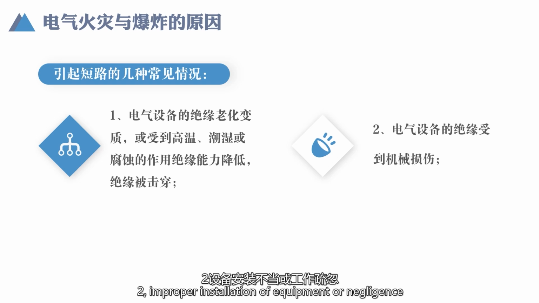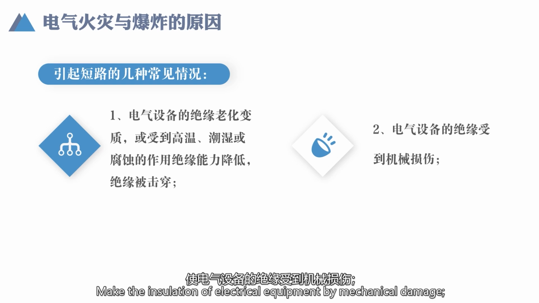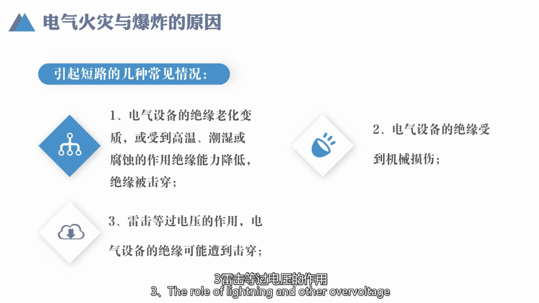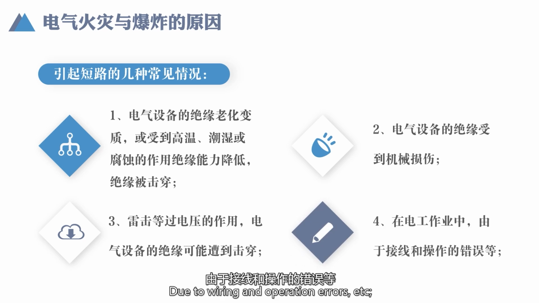Second, improper installation of equipment or negligence makes the installed electrical equipment suffer mechanical damage. Third, under the action of lightning and other overvoltage, the installed electrical equipment may be broken down. Fourth, in the electrician's work, wiring and operation errors, etc., cause electrical equipment to overheat.